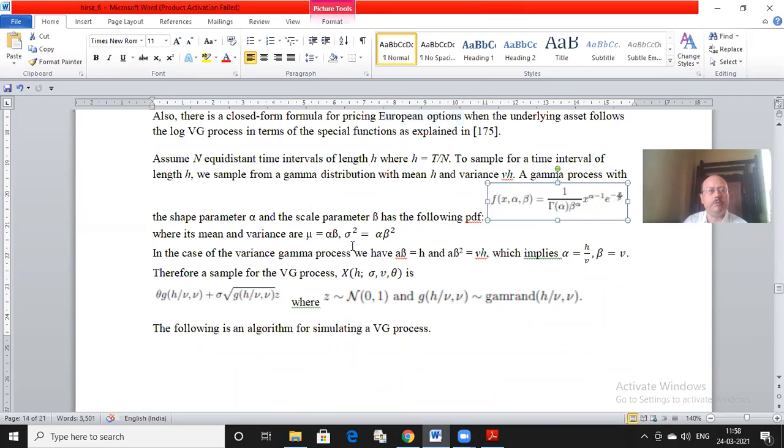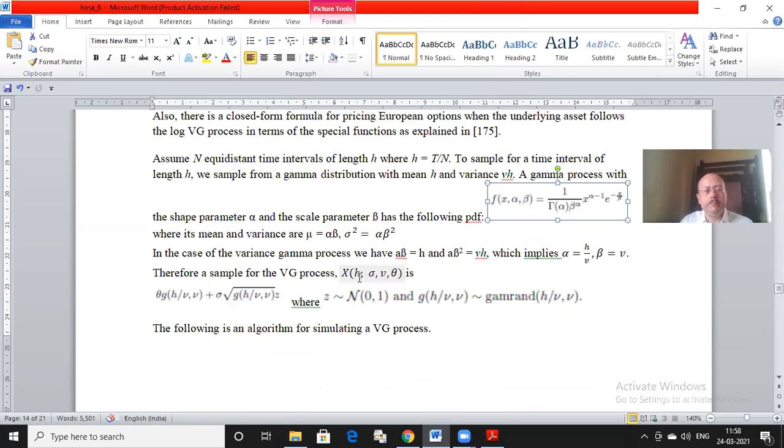We know this PDF already, where mean will be alpha times beta and variance will be alpha beta squared. In our case, we want alpha beta to be equal to h, the mean, and alpha beta squared to be nu h, which means alpha becomes h by nu and beta becomes nu. So this alpha and beta have the specific values for our simulation scheme.